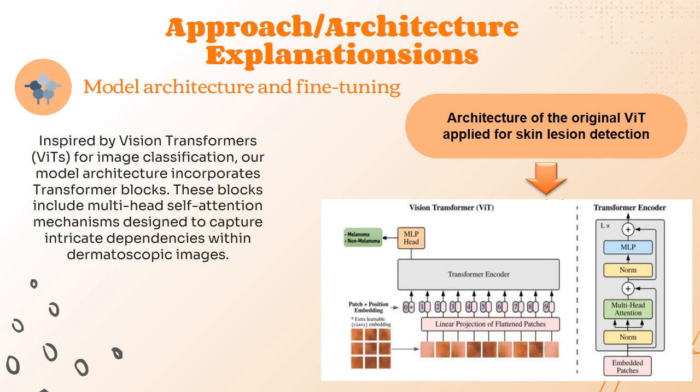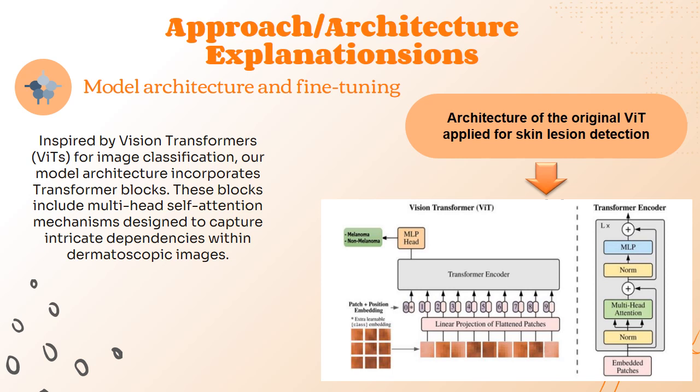As you can see, the input image is divided into small fixed patches. Each patch is then linearly projected to a lower dimensional vector called the patch embedding. These patch embeddings are treated as words or tokens and become the input for the transformer model.